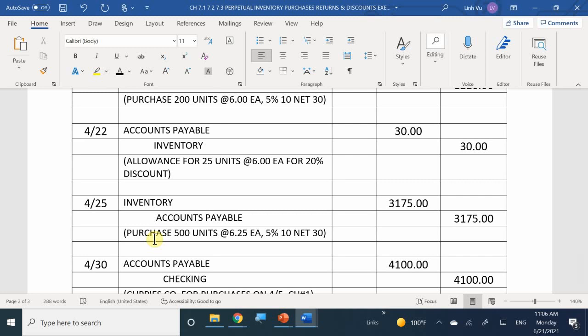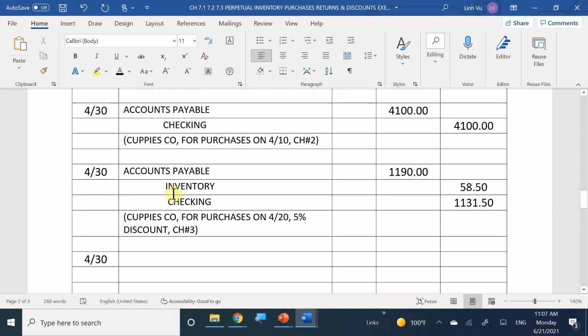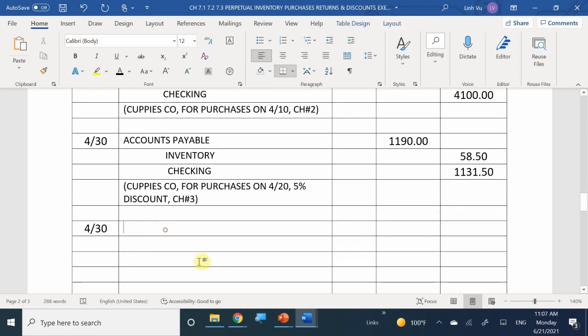How did you calculate that? I just took the total units times the cost times the 5%. Correct. And I didn't add the freight costs. I just did the total for the units. Perfect. So in this case, that's correct. We have the discounted amount of $156.25.